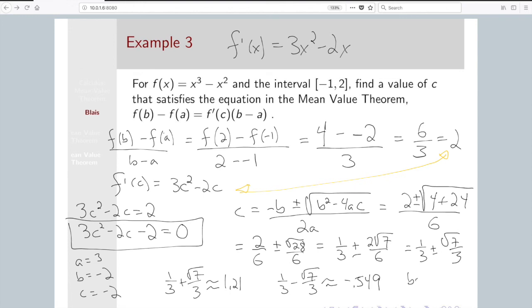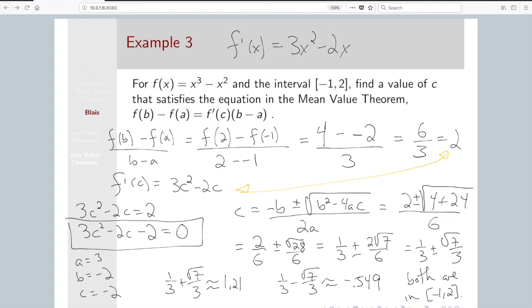And again, both are in -1, 2, so both qualify. So at these x values, the instantaneous rate of change of f matches the average rate of change of f over the interval -1, 2. So this is an example of how we use the mean value theorem.